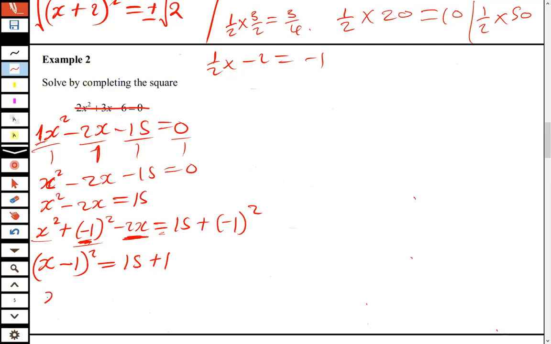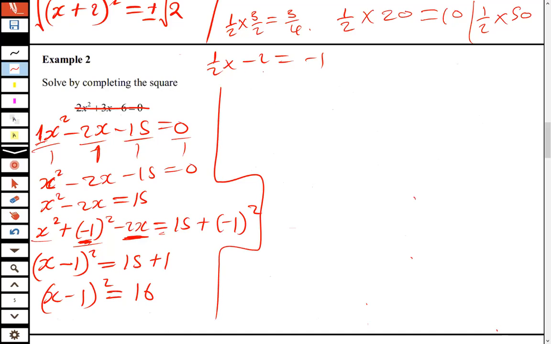So this will now be x minus 1 squared is equal to 15 plus 1, which is 16. So we can now find the square root of both sides.